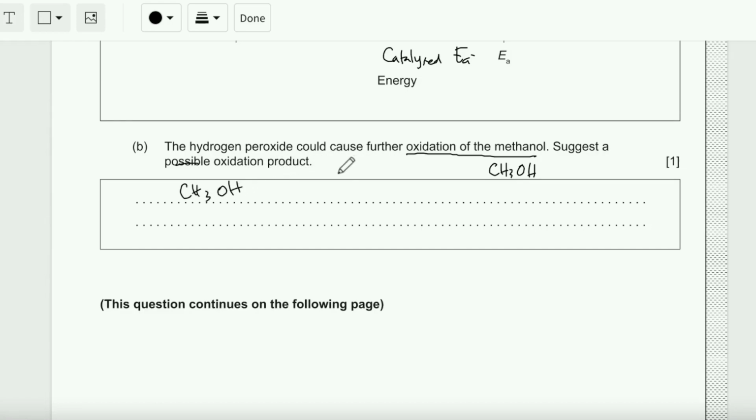Remember about primary, secondary, and tertiary. Tertiary cannot be oxidized. Secondary should be oxidized to a ketone. And primary becomes an aldehyde or carboxylic acid. Possible oxidation products could be methanal or methanoic acid.